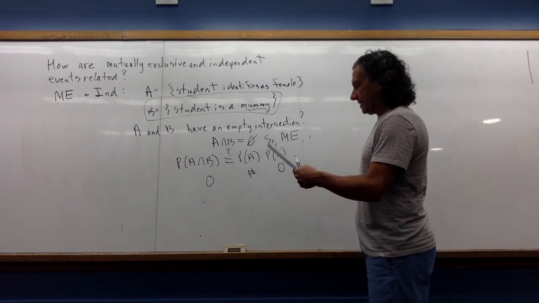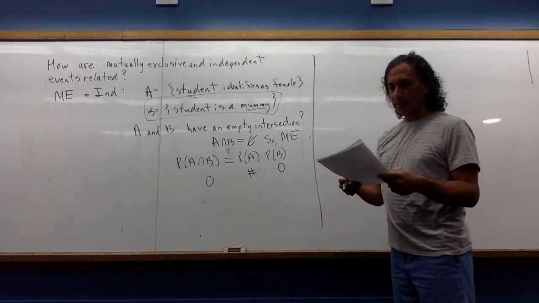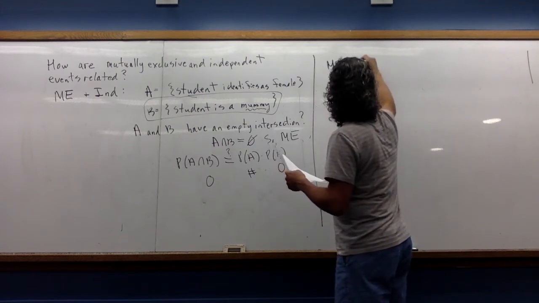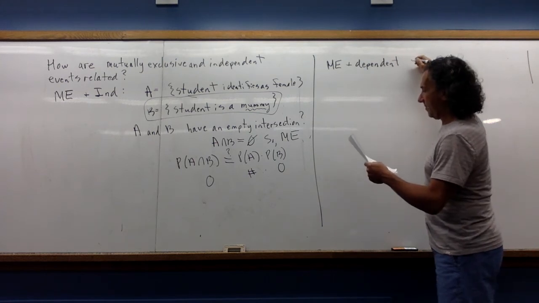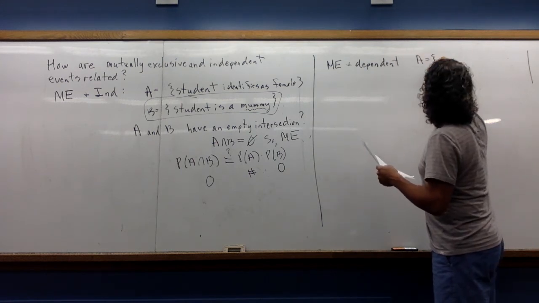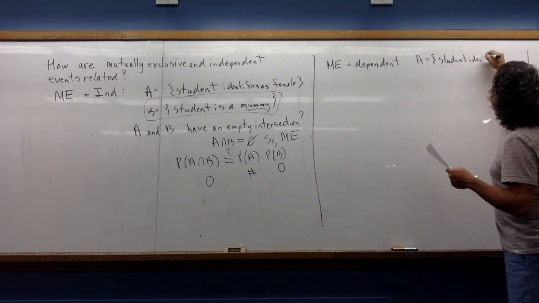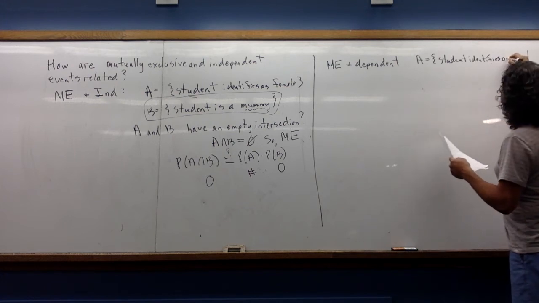Let me say that every possible combination is available. So what do I mean by that? So mutually exclusive and dependent. Let's say A: student identifies as male.